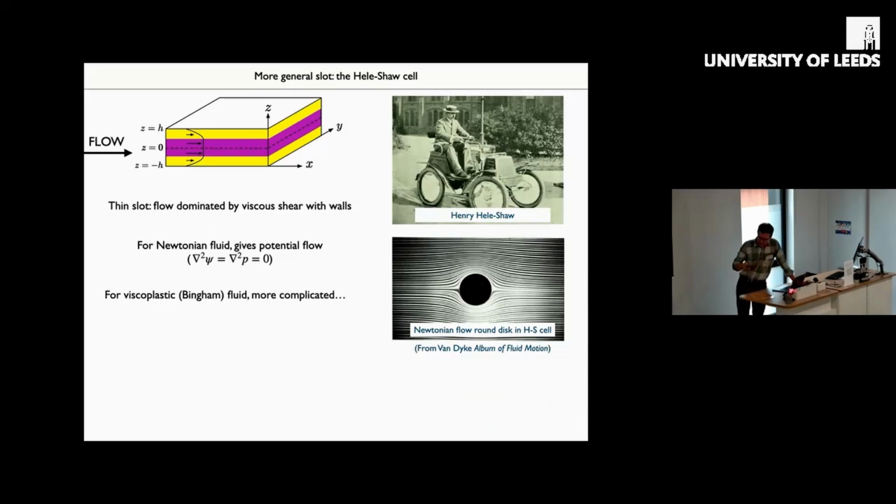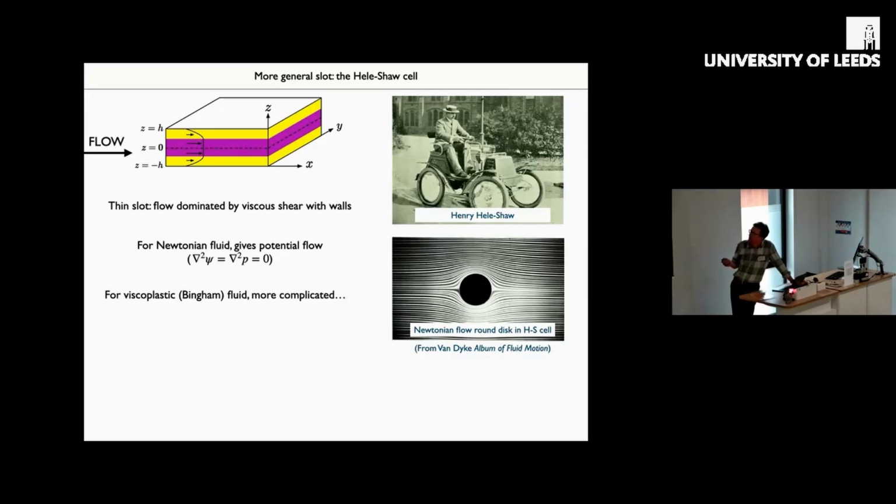This is not strictly relevant to what I'm going to talk about, but I thought I'd extend that idea a little bit to talk about what happens if you put these kinds of materials not just in pipes, but in genuine extended slots, something called the Hele-Shaw cell. Many of you will have come across the idea of a Hele-Shaw cell. This is Mr. Hele-Shaw, state-of-the-art mobile.